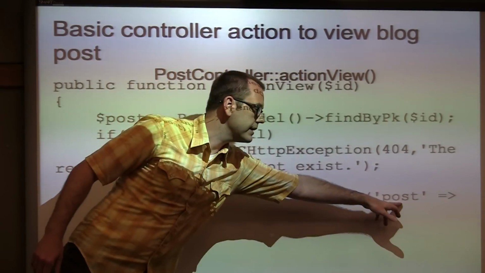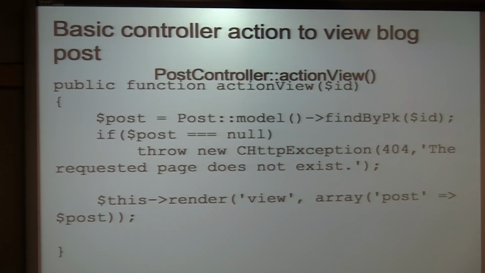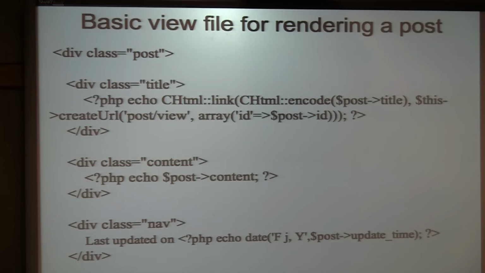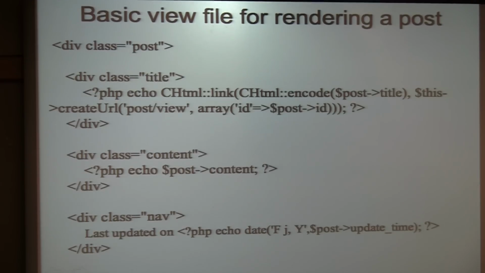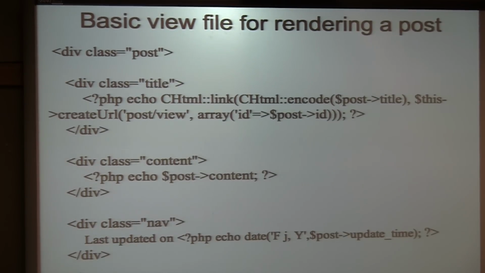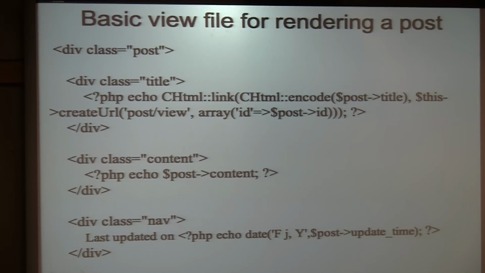The name I gave it right there is exactly how I'm going to reference it in my view, and I know that is an instance of an AR record, my post, and so I can start to access the contents in an OO way. Here, post content, post update time. Nothing too crazy about this probably so far. Normal if you've used frameworks in the past.